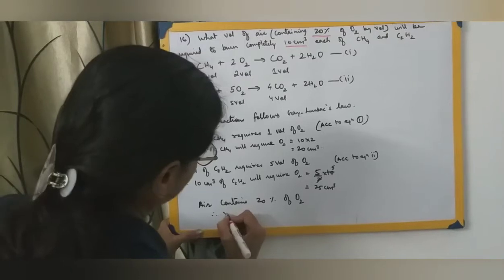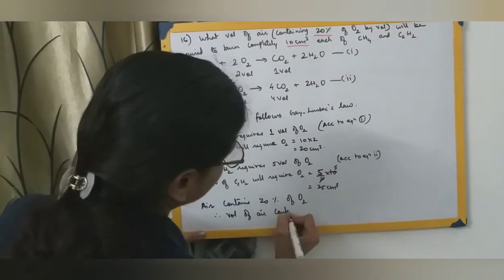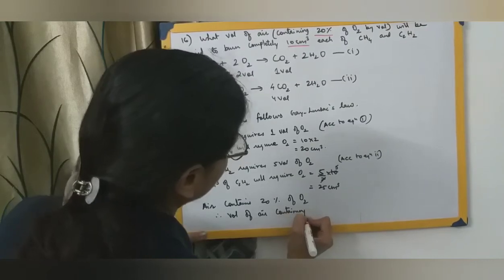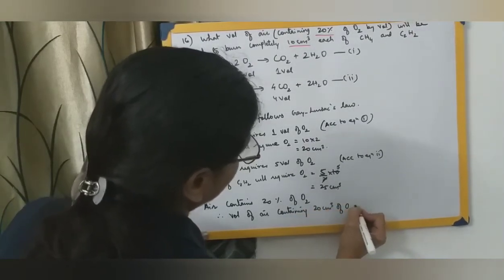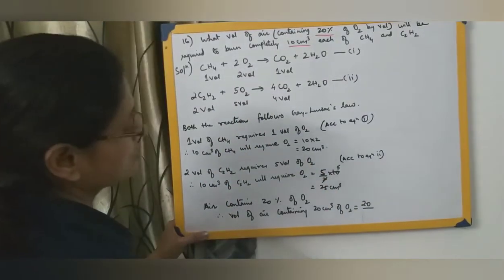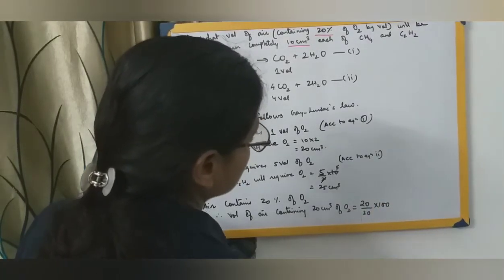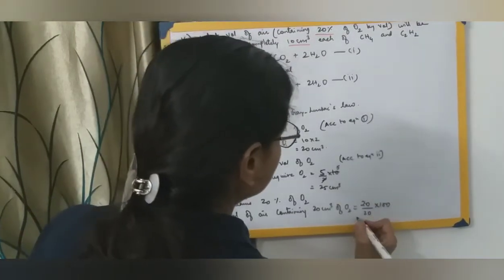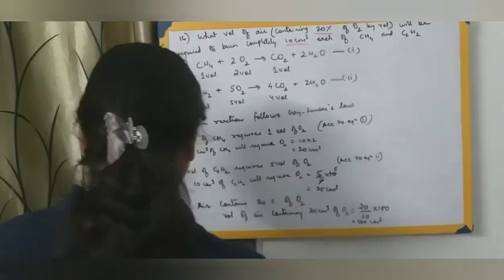Therefore, volume of air containing 20 cubic centimeter of oxygen. What will we be doing? That is 20 upon this 20% into 100. So what will we be getting over here? That is 100 cubic centimeter.